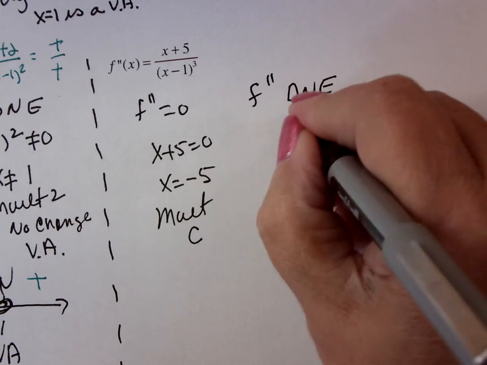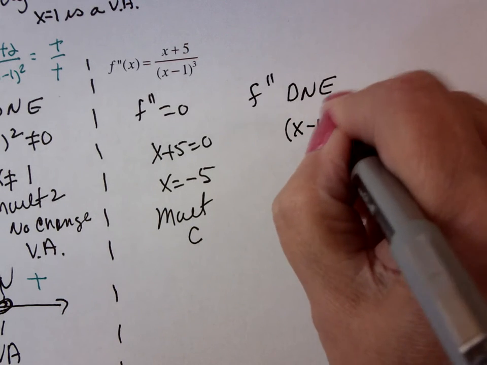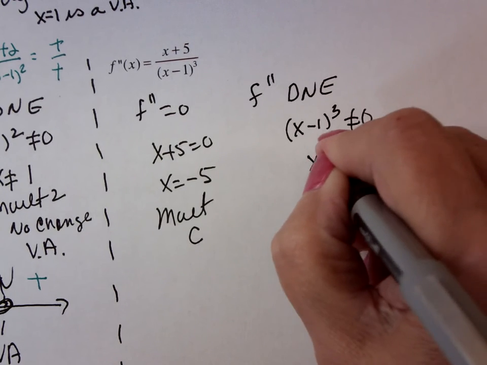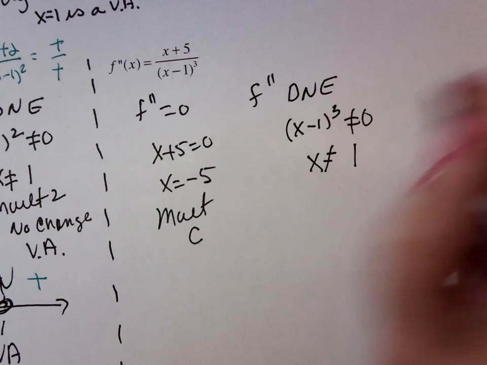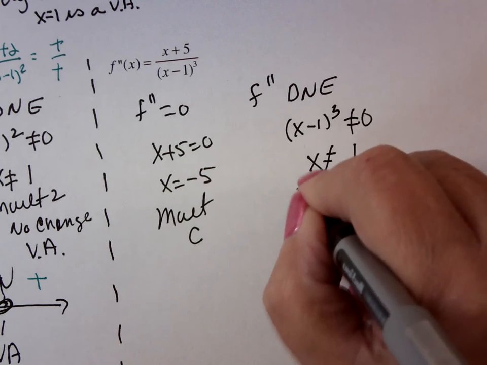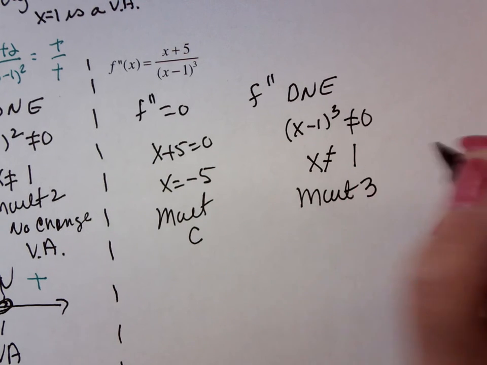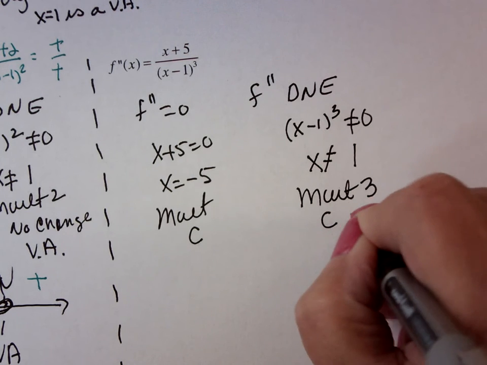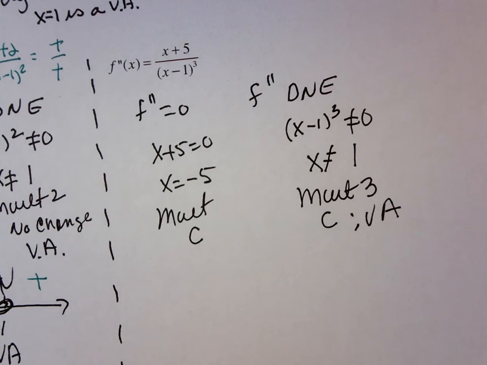And x minus 1 cubed can't be 0, so x can't be 1. We've established this is a VA. This is multiplicity 3, so there is a change across there, so the concavity changes on either side of the VA.